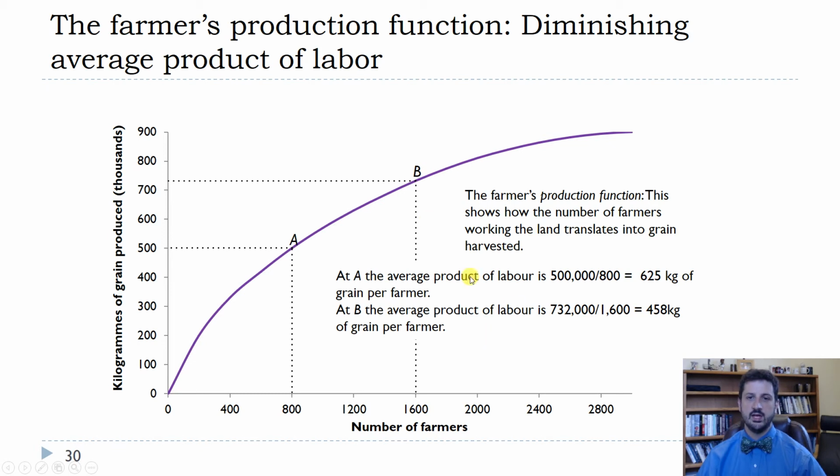At point B, it's 732,000 divided by 1,600, or 458 kilograms of grain per worker. The idea is that the average product is falling because the marginal product, which remember is the amount that each additional worker produces, is falling even faster. We can see the average product graphically by drawing the slope from the origin to whatever point along the production function that we're interested in.